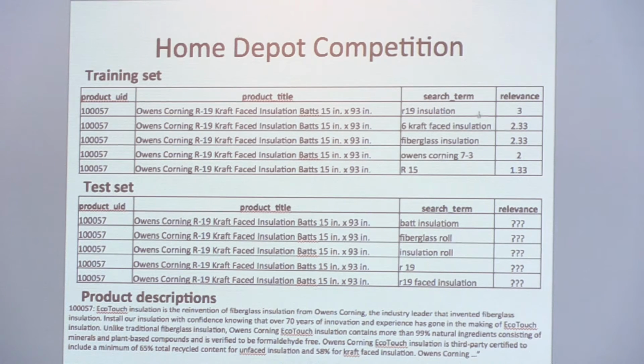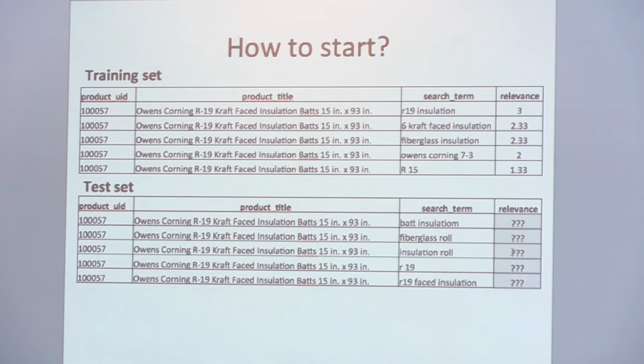And the search terms that people have typed in to get back those products. You can see there's some badly spelled ones and just generic search terms. Then humans have rated how relevant those search terms are to the product title. So you have a training set that gives you the answer, tells you what the relevance is, and you use that to train your model. Then you have a test set where you're trying to predict the relevance. Home Depot, or Kaggle, knows the answer, and you're trying to predict against that.